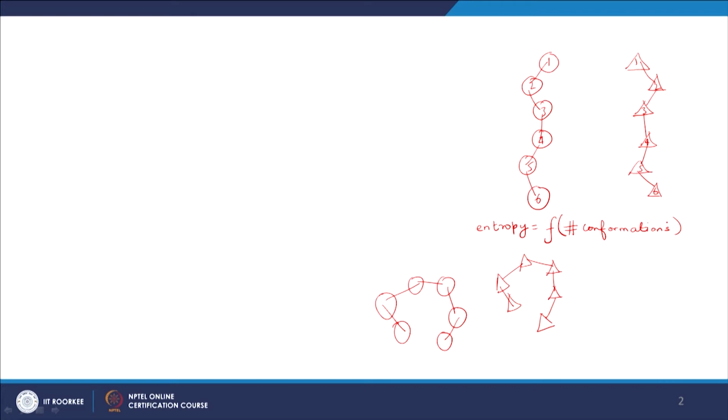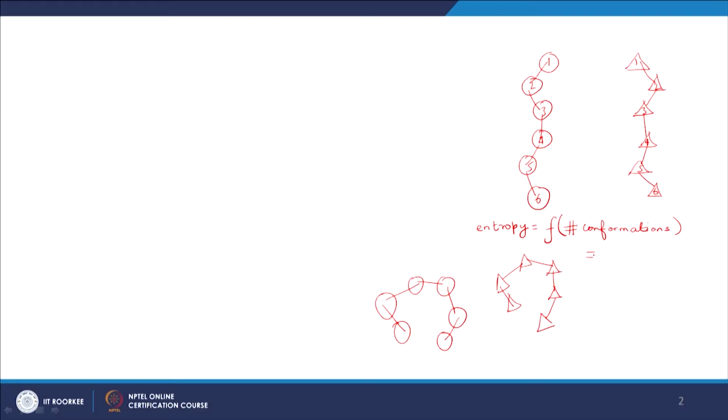We will detail this later. So, the entropy of the chain will simply be a function of the number of blocks, because we said that the number of conformations is a function of the number of blocks and not exactly what the block is composed of.